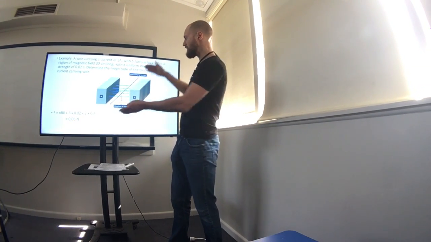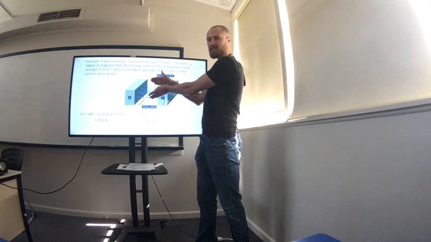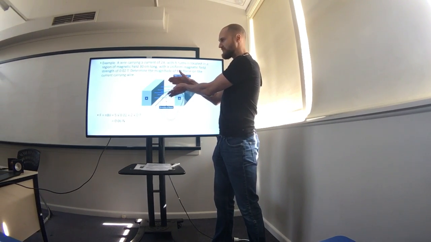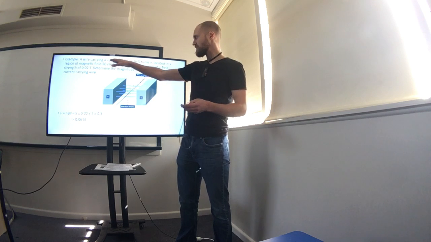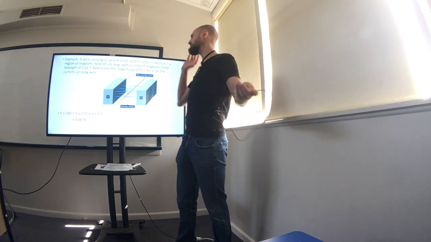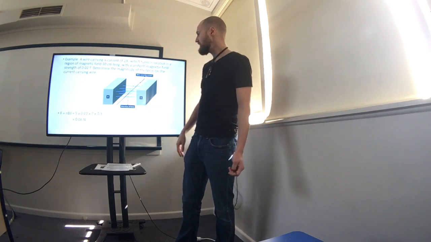So if my wire was a meter long, I'd still use 30 centimeters as my length, because that's the length of the wire that's located within the magnetic field. Just keep that in mind: not how long the wire is, but how much of it is in the magnetic field. Often the whole wire is in the magnetic field, but sometimes it won't be.